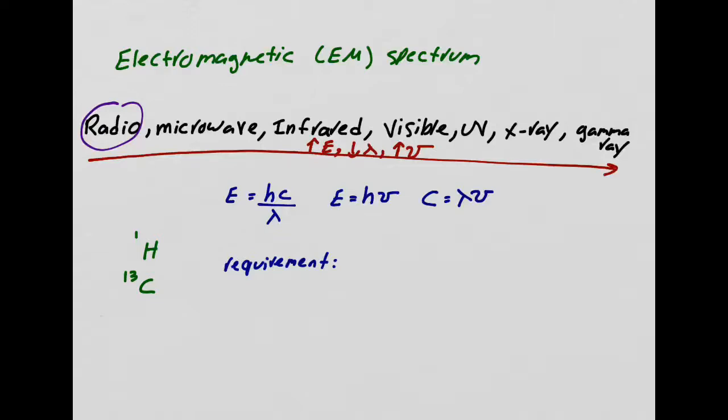Here is the requirement. If you want to see an atom with NMR, here's what we need to do. We need to have nuclear spin.